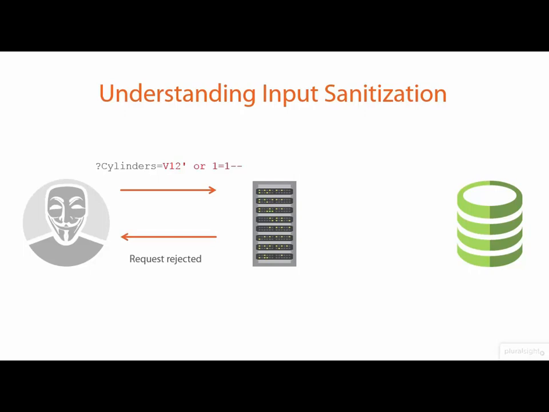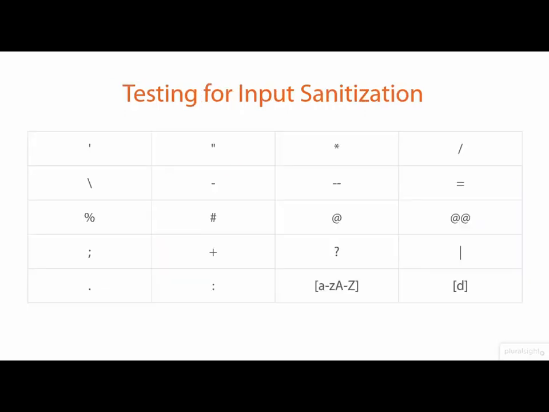So getting back to the sort of things that you want to be looking for as an ethical hacker, let's have a look at a whole bunch of different character ranges that you should think about for testing input sanitization. Here are some good examples of characters that are often used in SQL injection attacks. We've seen some of these already, so things like single quotes and dashes and equal signs.